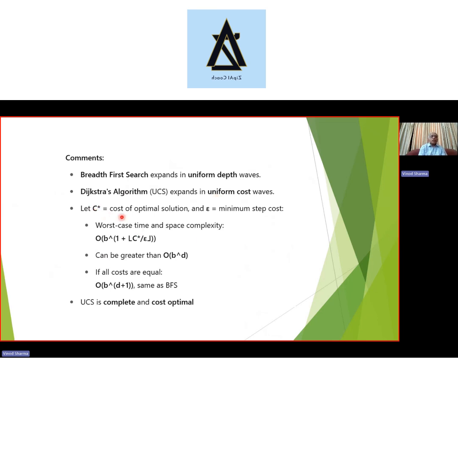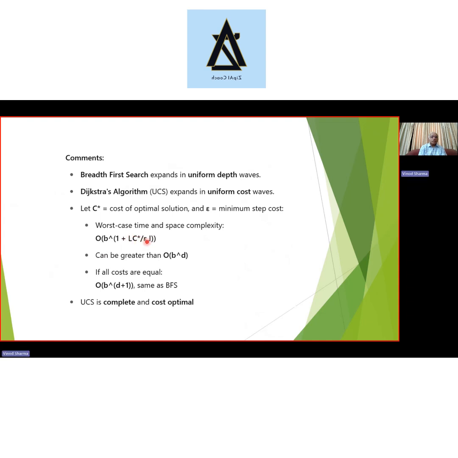If C star is the cost of optimal solution, epsilon is the minimum step cost in the graph, then worst case time and space complexity of Dijkstra algorithm is of the order of b raised to power 1 plus floor of C star by epsilon.